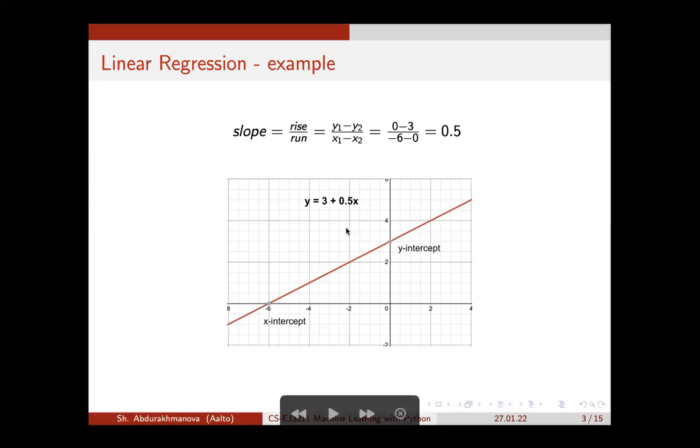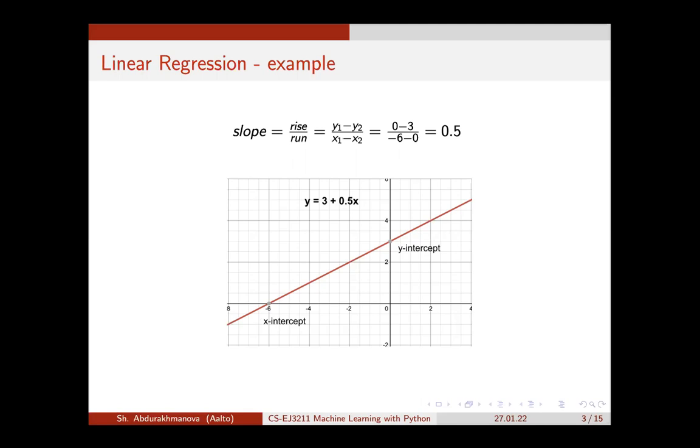So the slope reflects how fast the function is changing, or how steep this line is. In school, it is very often referred to as rise over run. And so you can compute the slope by using this rise over run formulation.